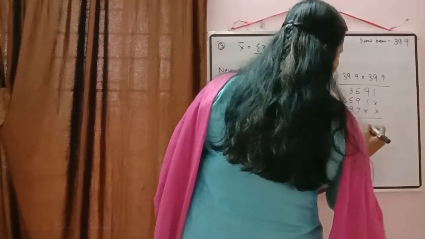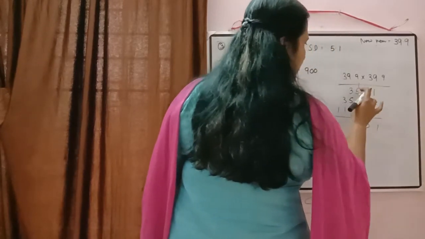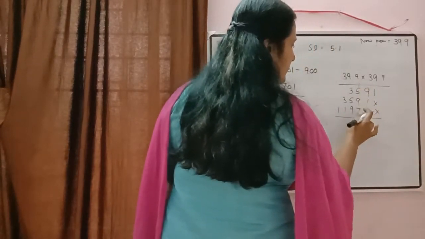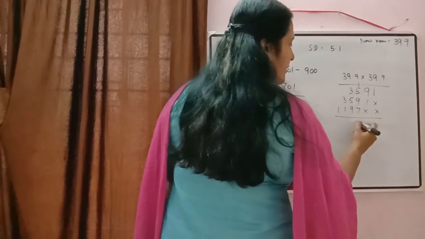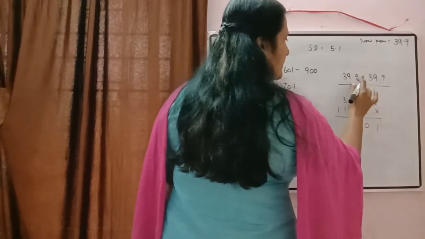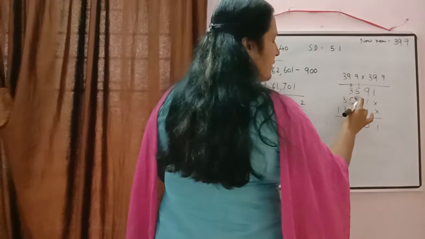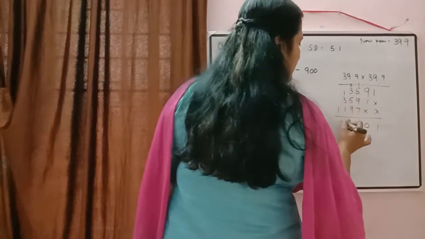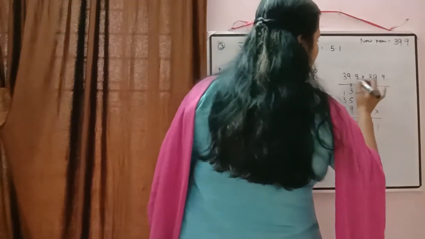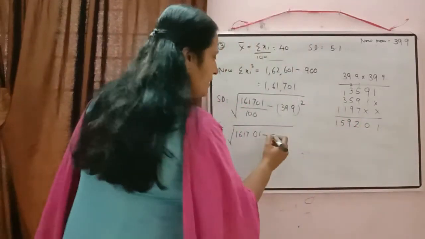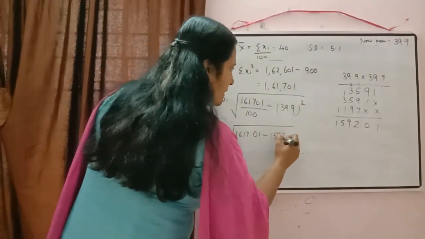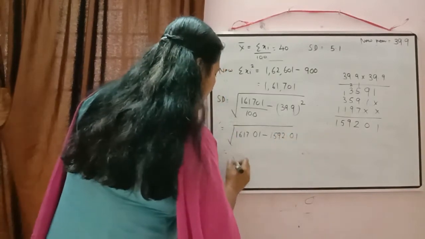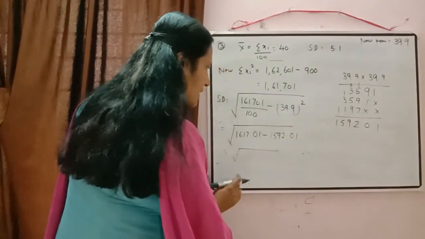So we'll get there 9 plus 1, 10. Here 5 plus 1, 6, 9 plus 6, 15, 15 plus 7, 22, carry over 2, 3 plus 2, 5 plus 5, 10, 10 plus 9, 19, 1, 3 plus 1, 4 plus 1, 5. So we'll get there 1592.01. Now we can do the subtraction there.